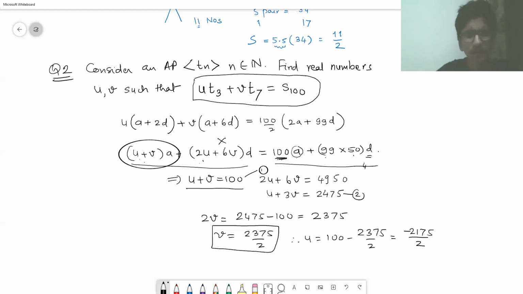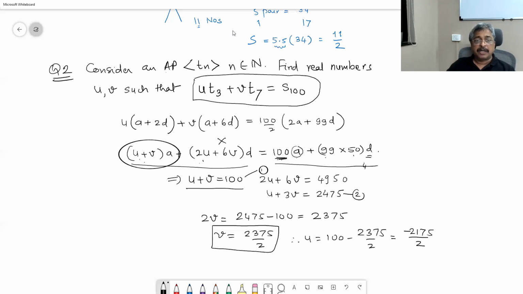Sir, but why does 100 have to be equal? For example, D can be slightly bigger and A can be the coefficient of D compared to the coefficient of D on the RHS and the LHS. They can be a mismatch and they can still be equal, right? Or no? How can they be mismatched? This is an arithmetic progression. The moment I say Tn is an arithmetic progression, A is the first term and D is the common difference.